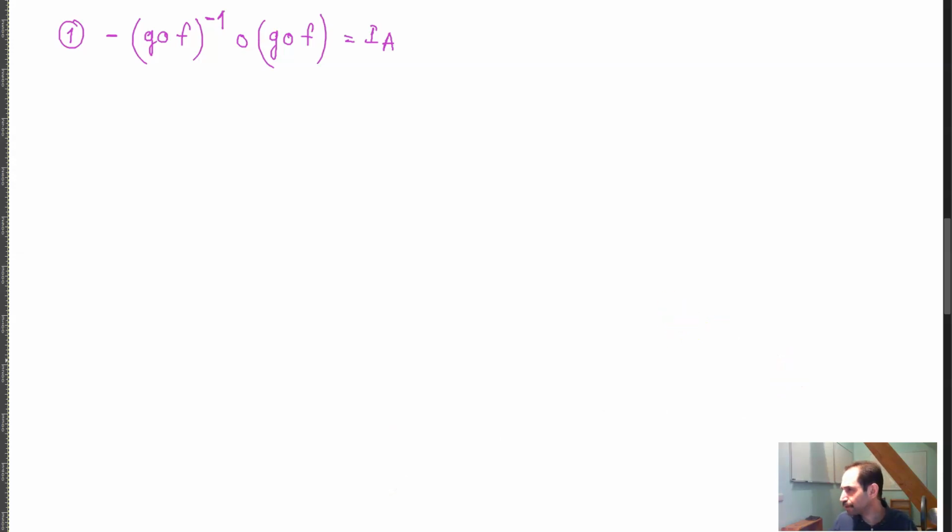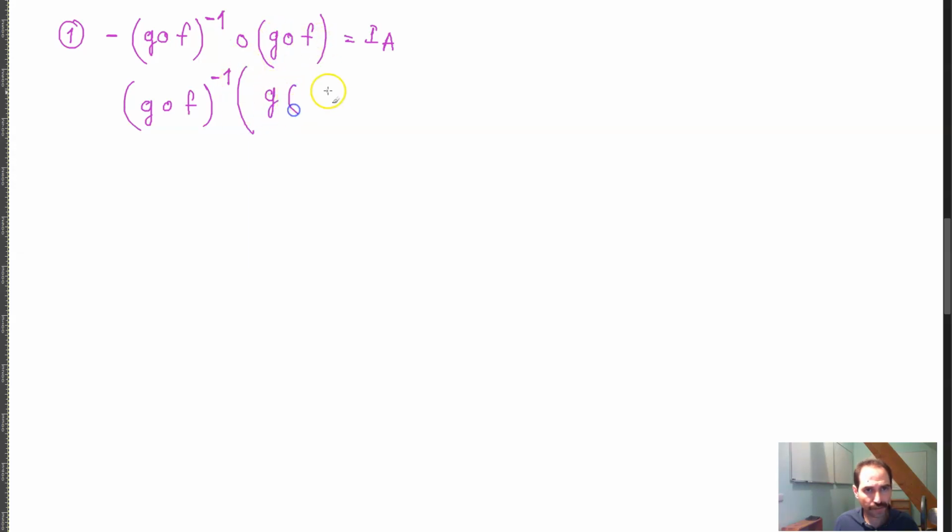So let me see the argument of f. F is a function from A to B, and the arguments can be basically 1, 2, or 3, right? So I can write this as basically (G∘F) inverse. This is basically one function, and that is one function of g of f of x, right?